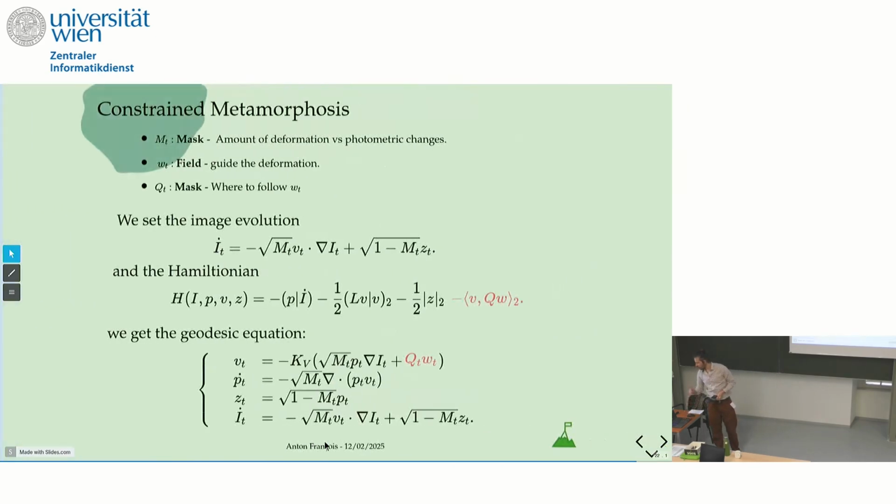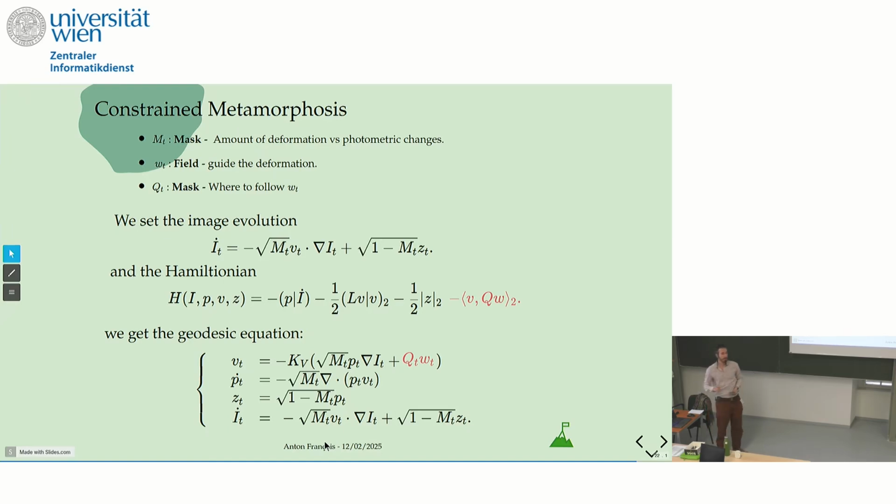Okay, and just before I end, weighted metamorphosis is nice. However, it's maybe not enough. There is another model called constrained metamorphosis. The idea here is, okay, I have a temporal mask, but maybe I also have some priors on the field, on the direction, like a rotation or something.